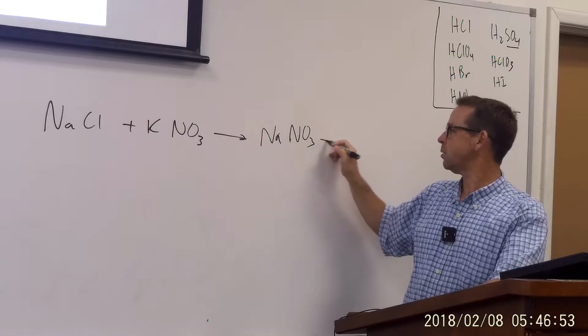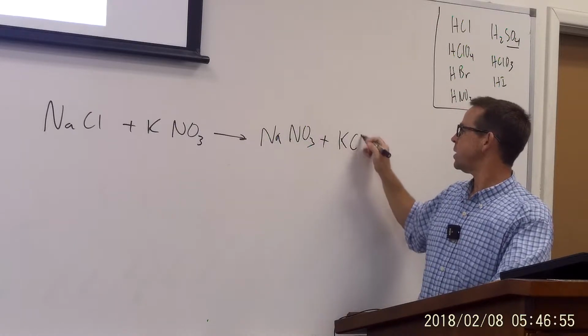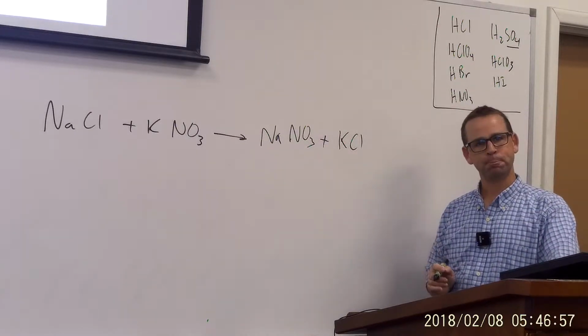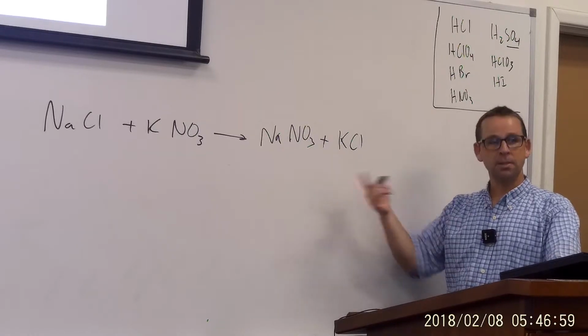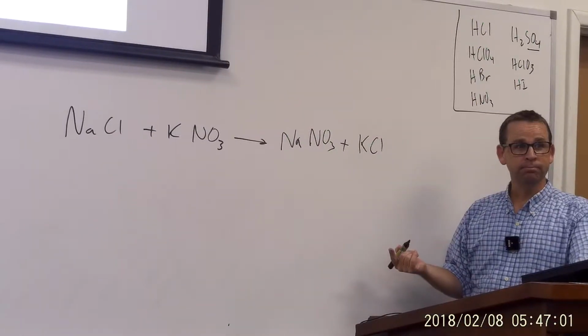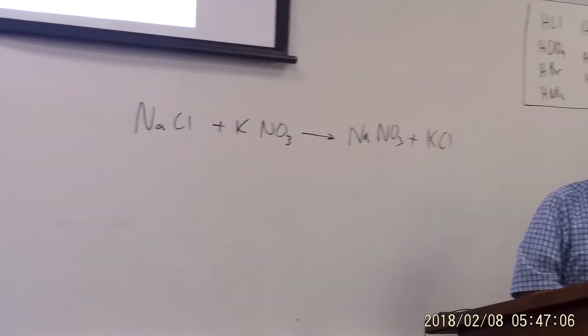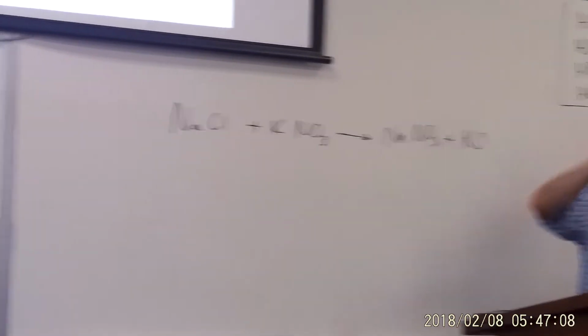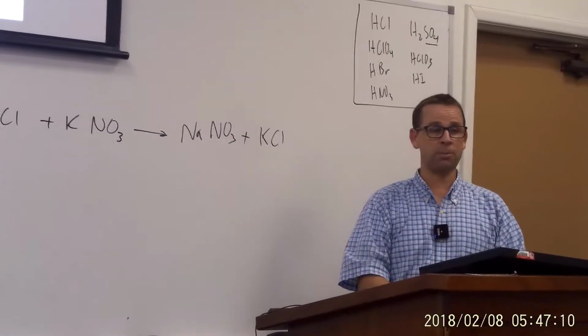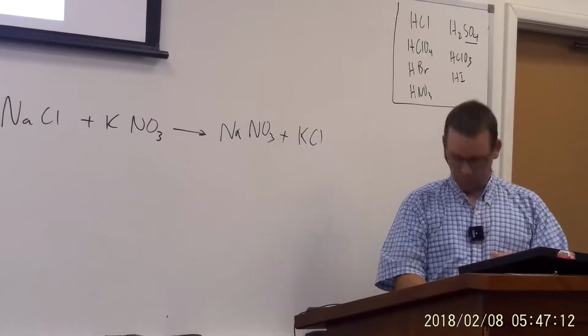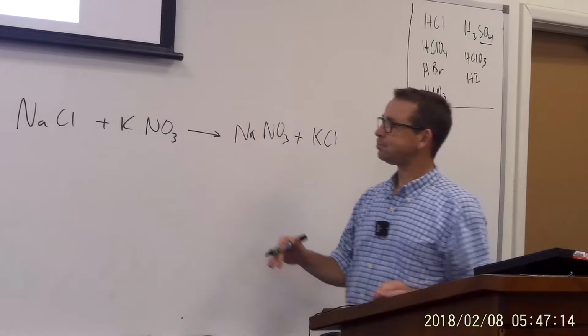Sodium nitrate, potassium chloride. Very good. And the question is, is this actual chemistry? Or are we just mixing them and everybody is a spectator ion? Right? Because we know that when we do mix these solutions together, sometimes you get spectator ions. So, how can we tell?